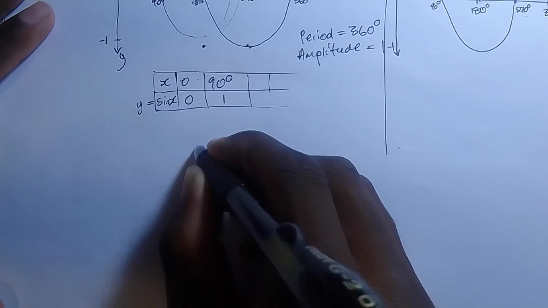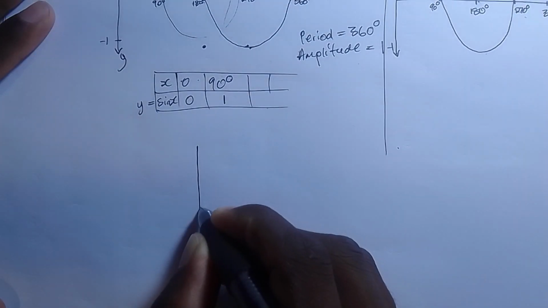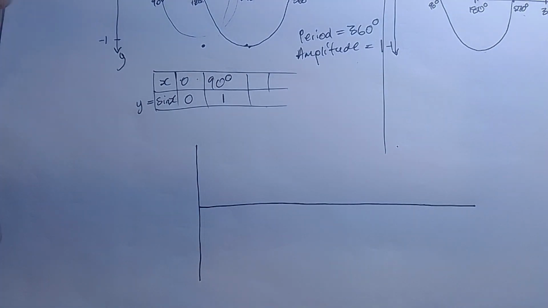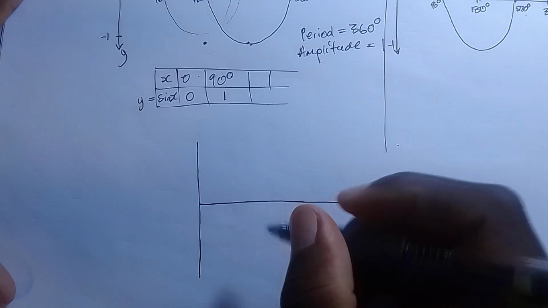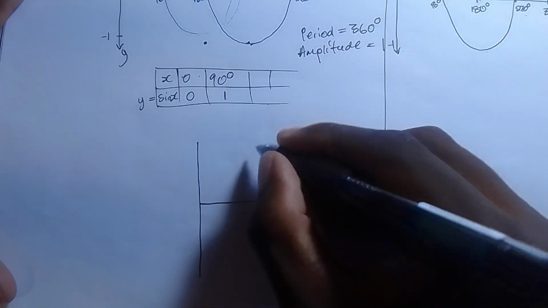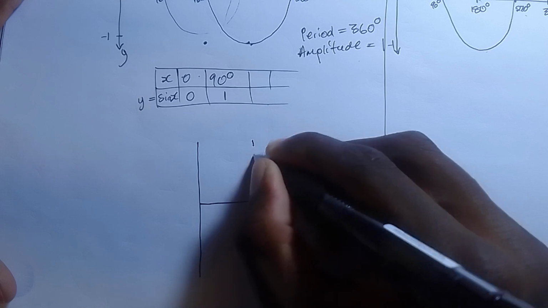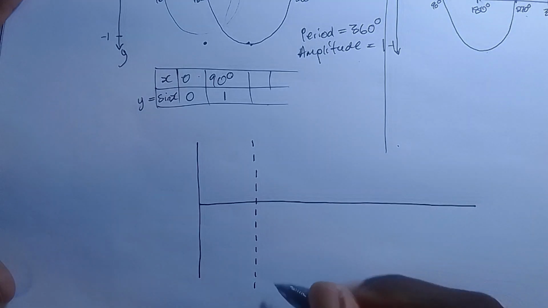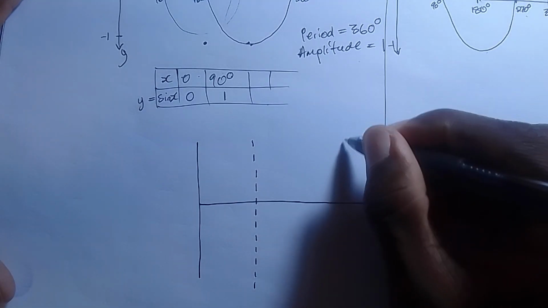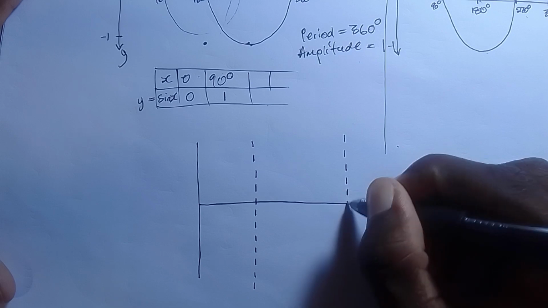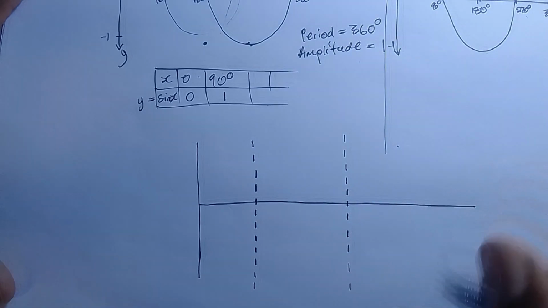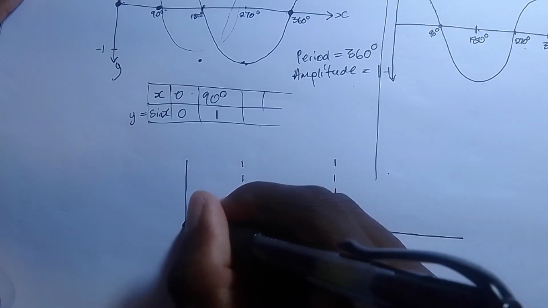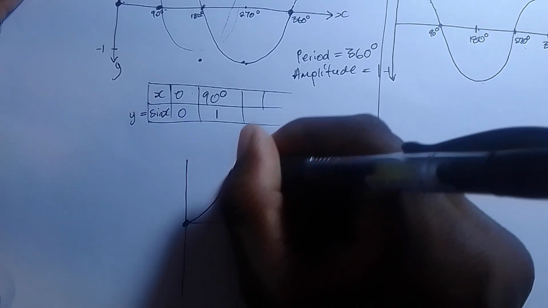Then you have the graph of tan. For tan, it's a bit different. For tan, what you have is that every 90 degrees you have an asymptote, right? You have an asymptote there, you have an asymptote here, and from 1, this goes, okay, I'm going to explain this now.